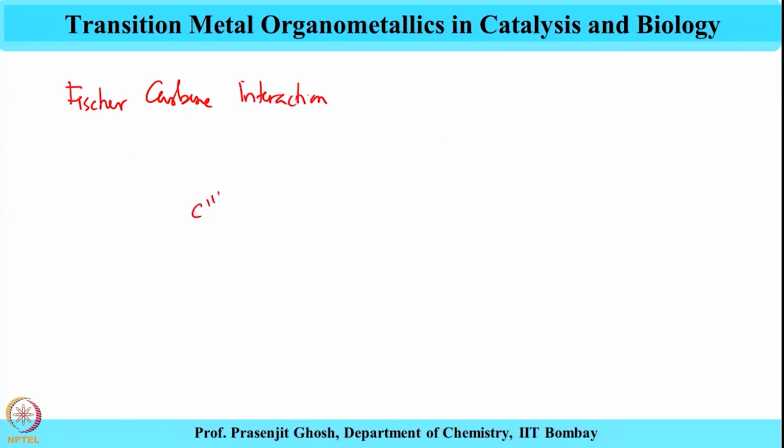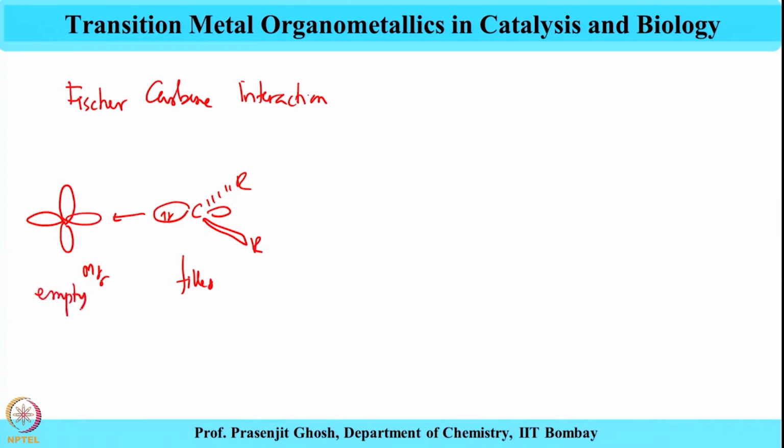In Fischer carbene, the interaction that occurs is this: the filled sp2 orbital goes to a metal d sigma orbital which is empty, and this is the sigma interaction, whereas the corresponding pi interaction is depicted over here.